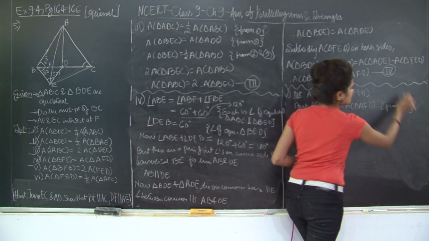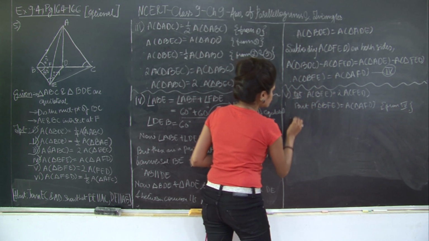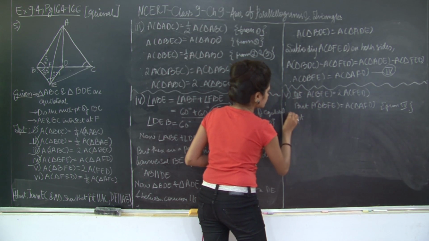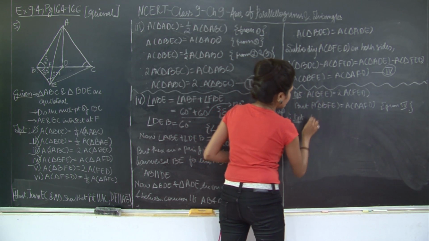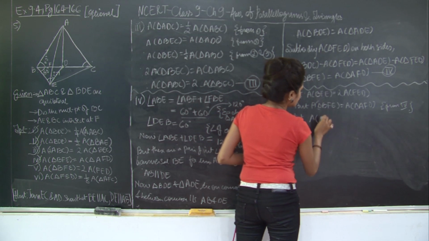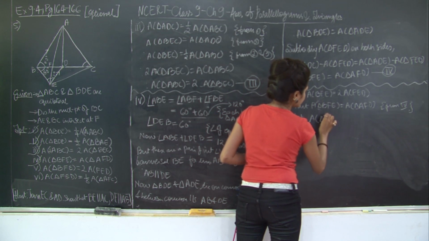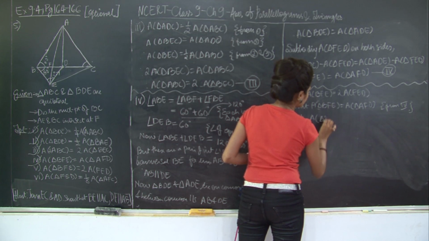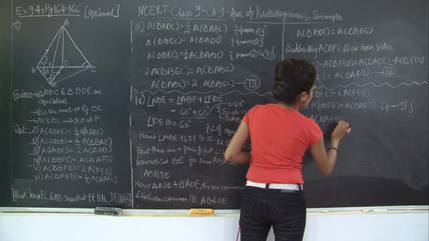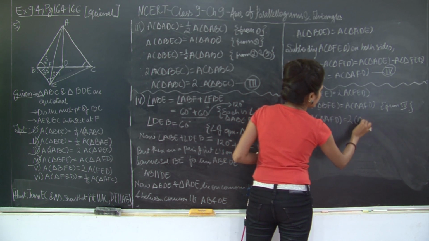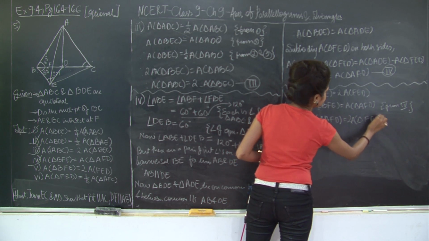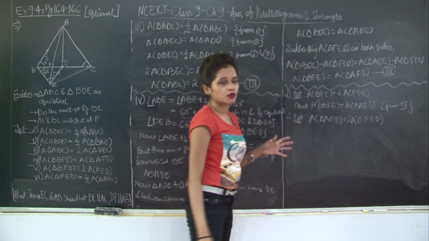We just proved it here. Therefore, we need to prove that area of triangle AFD is equal to twice area of triangle FED. So this is what we need to prove.